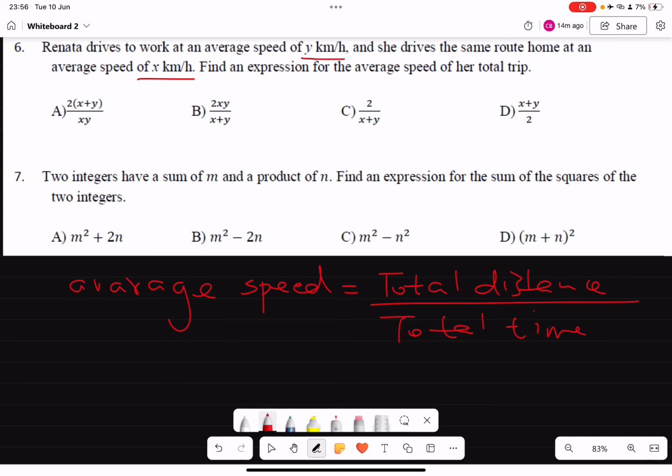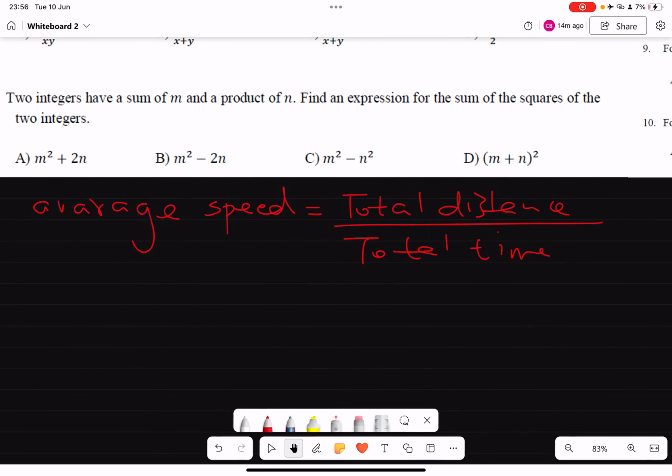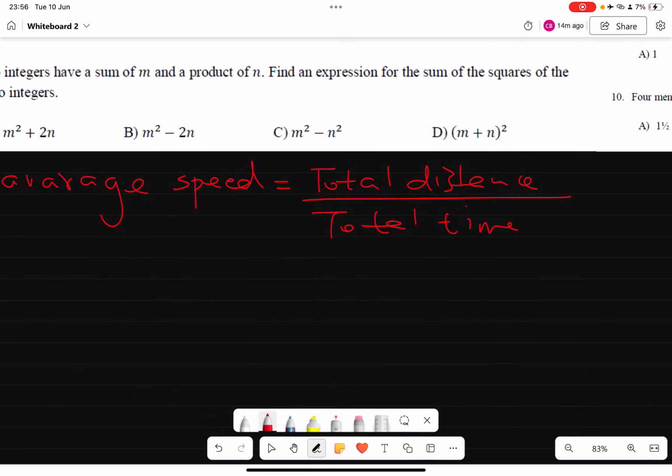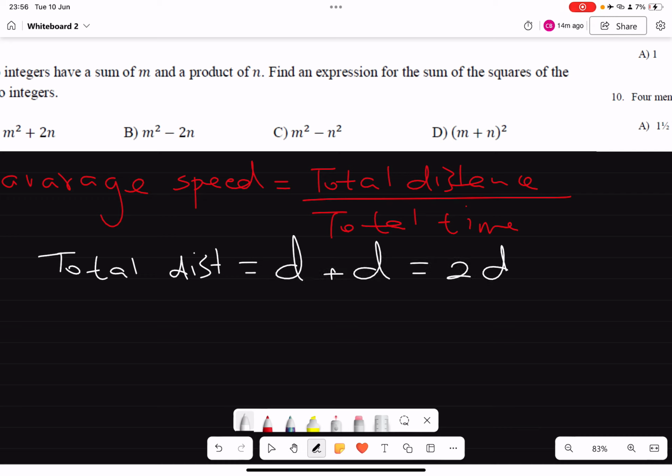Right? And we know that the distance to go and to come back is the same because she's traveling the same route. So total distance is going to be d for going plus the distance for coming back, which is 2d.